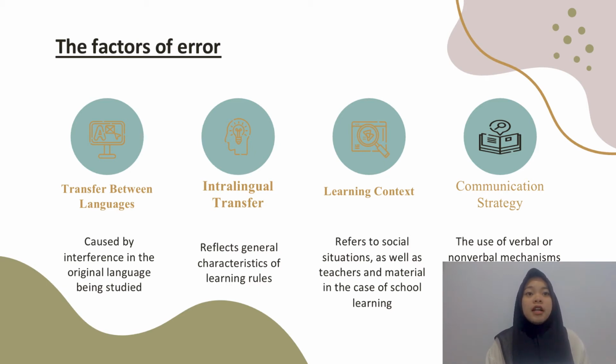Third, learning context, which refers to the social situation as well as teachers and material in the case of school learning. And fourth, communication strategy, the use of verbal or non-verbal mechanisms for productive communication of information.